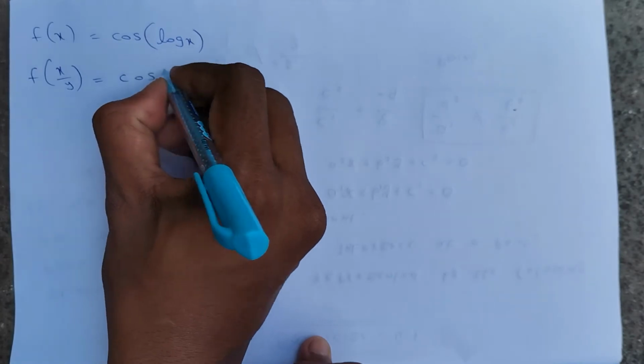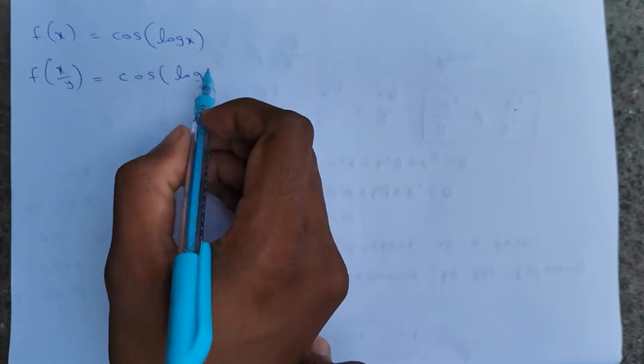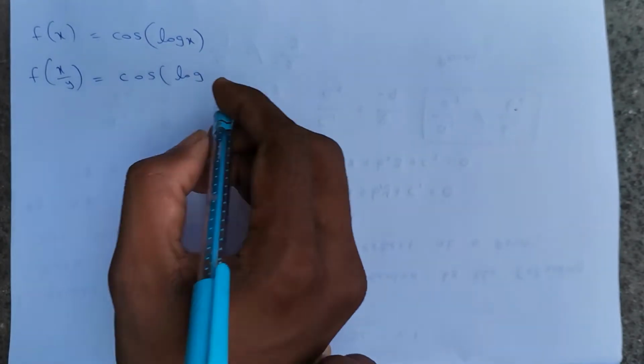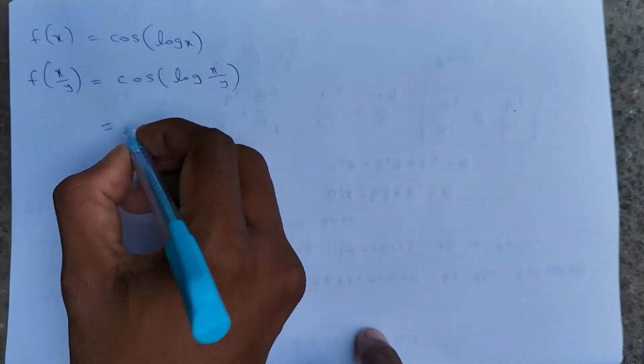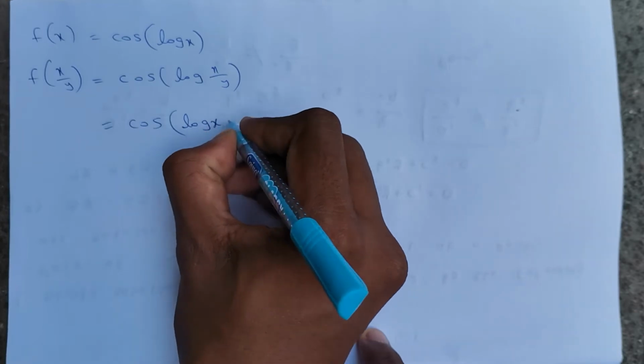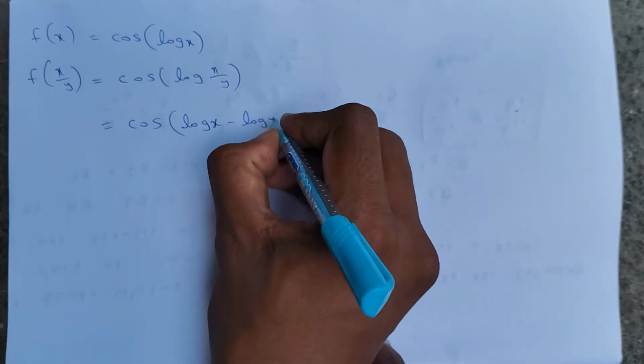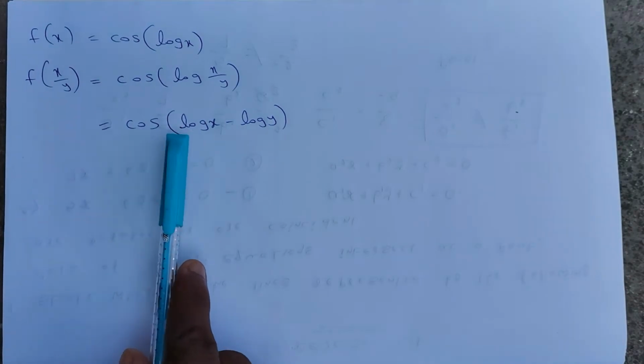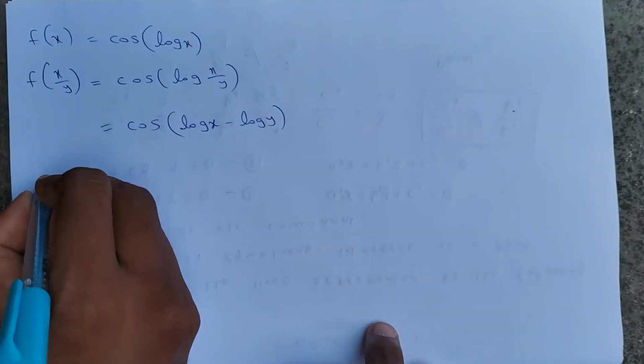So we get cos of log, and in the place of x, we substitute x by y. If we observe this RHS, cos of log x by y, log x by y is equal to log x minus log y. Again this is in the form of cos of a minus b.